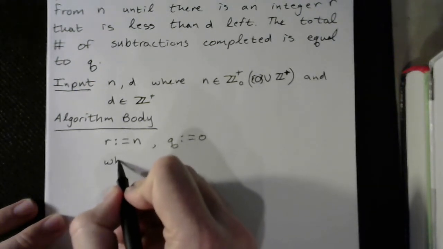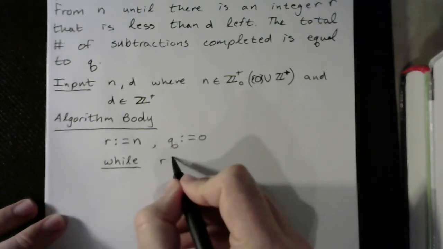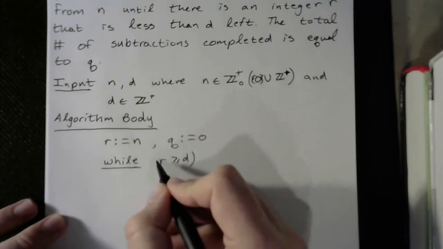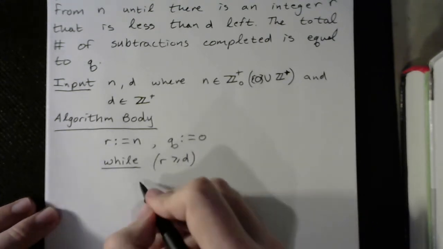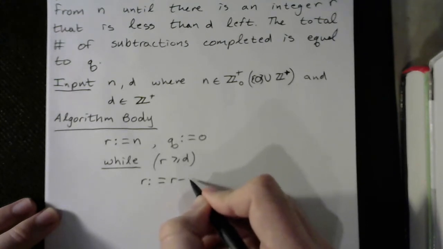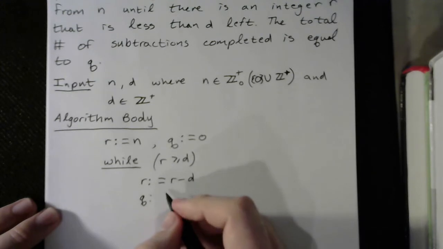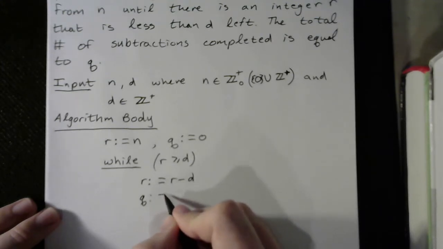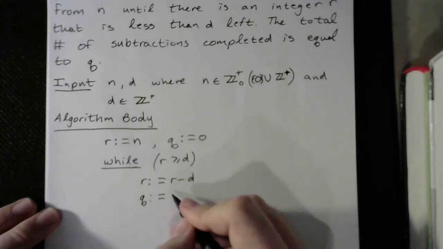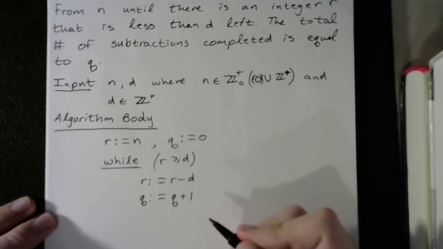So while r is greater than or equal to d, we set r equal to r minus d, and q equal to q plus 1.